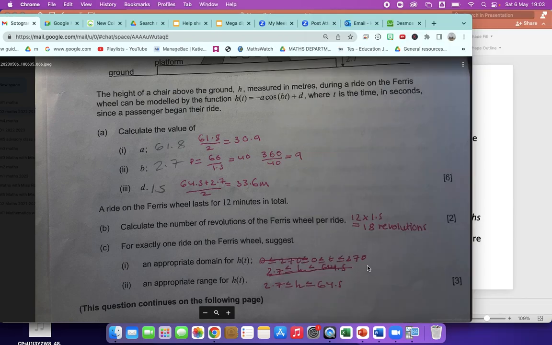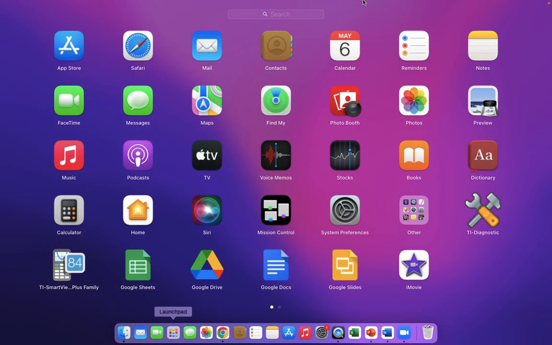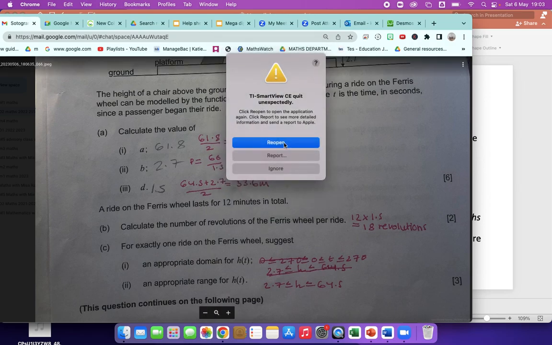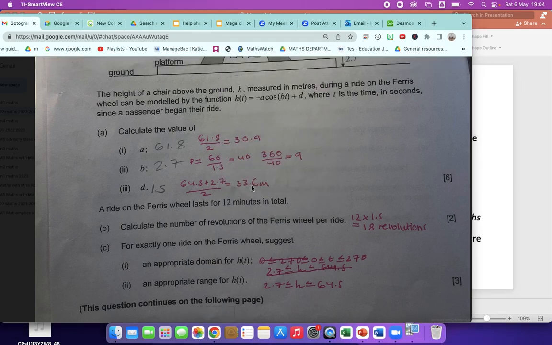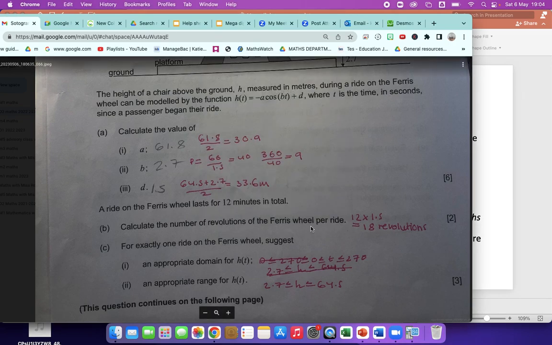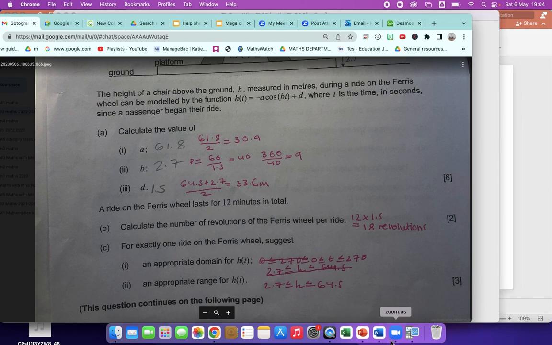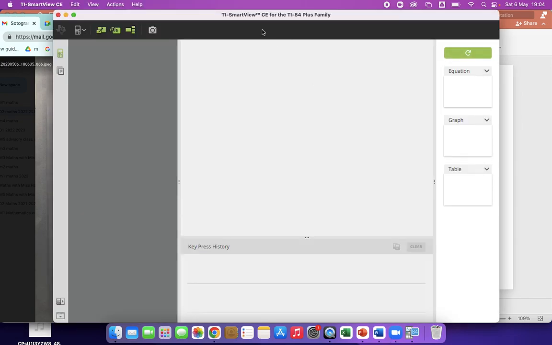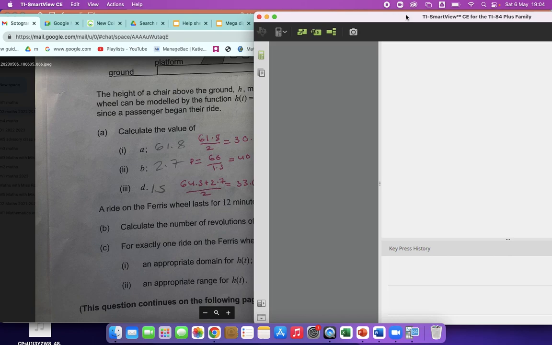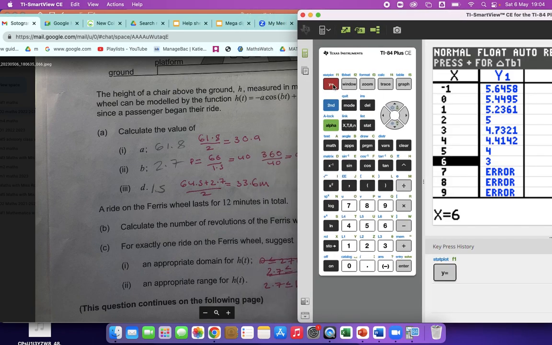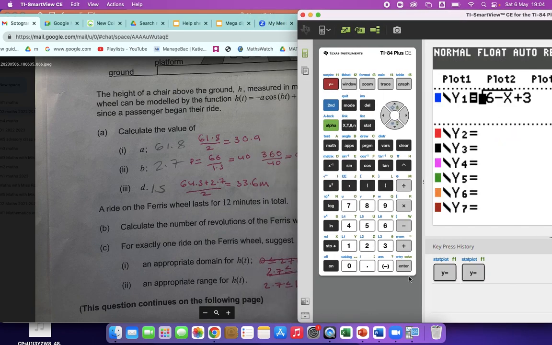We've got minus, and we're going to use the small minus at the front, because when we're talking about signs at the front, we always use a small one. Then we're going to write cos of 9x, because our function will be in terms of x on the calculator, plus our d value. Make sure you've cleared it.